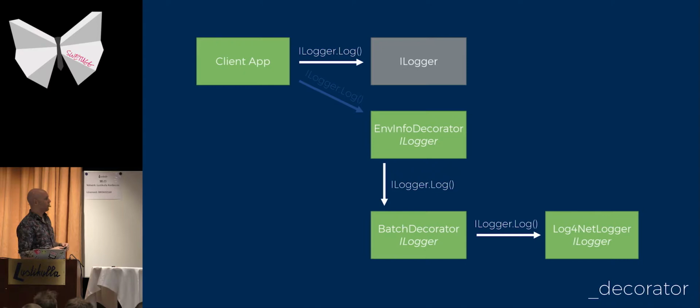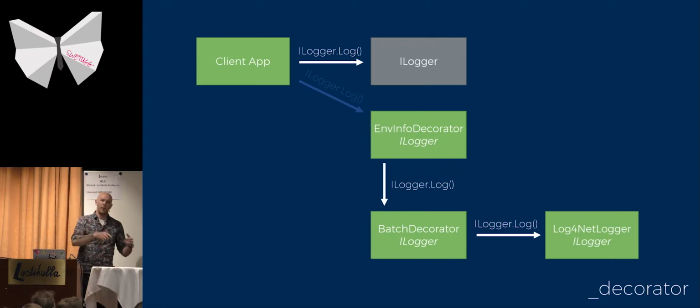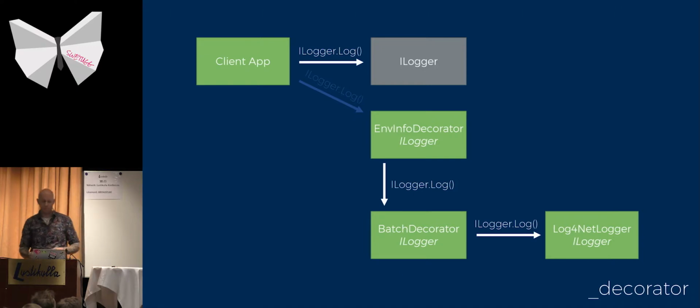But instead of having to go around to every place where I do the logging and add the environment information in every single log statement, I add a decorator around the implementation I have, and I add the logging changes in there. So you can extend the functionality and add more features to an implementation by having a decorator that just wraps it and adds more features. Make sense?